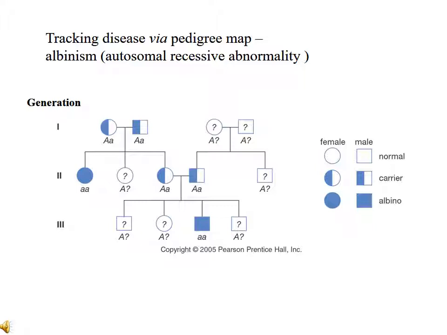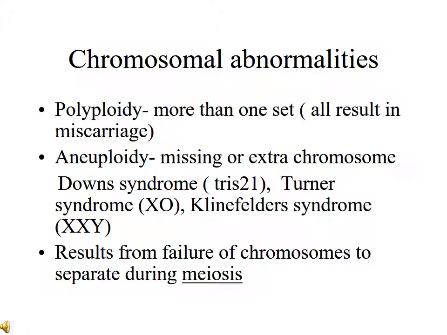So as you look at this pedigree map, you can see how epidemiologists go about tracing disease states, especially if they know what disease they're looking at, and more important, if they know if it's an autosomal dominant or an autosomal recessive abnormality.